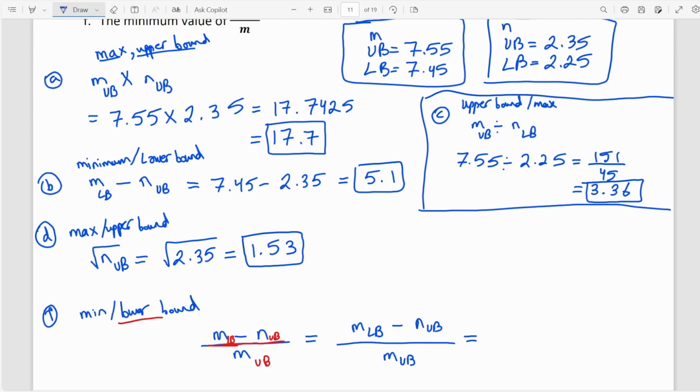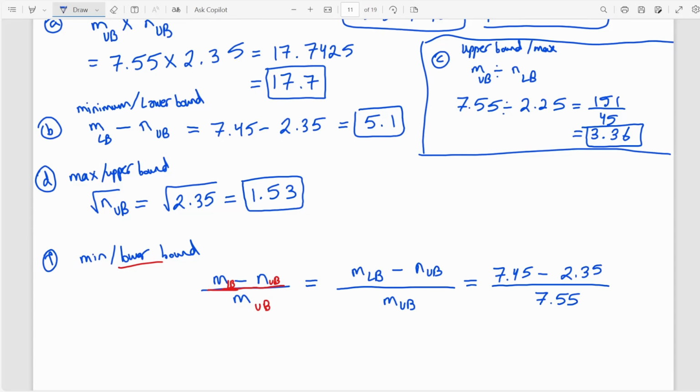So we know that the lower bound for m is 7.45, and the upper bound for n is 2.35, divided by the upper bound for m, which is 7.55. Okay. And now I can just go ahead and plug those numbers into my calculator.